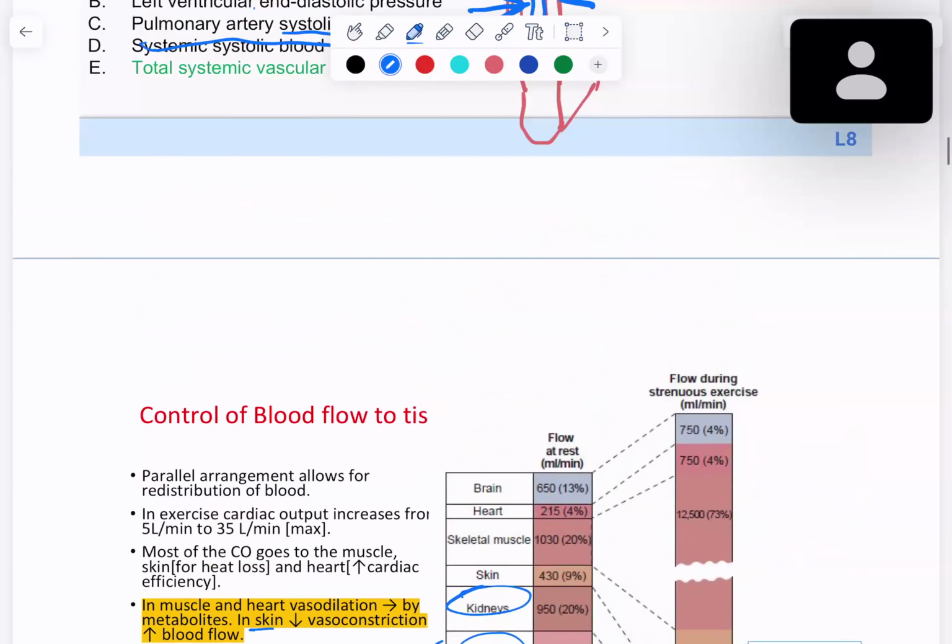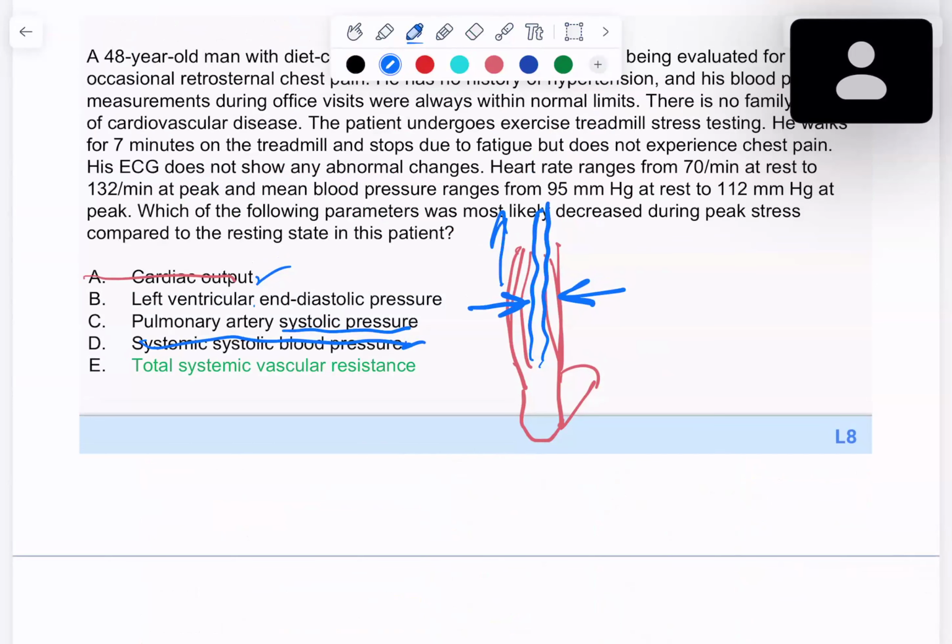So here what they're saying is that in total, the effect on the systemic vascular resistance is that it will decrease. Does that make sense to you guys? Do we move on? Or do you have any questions?